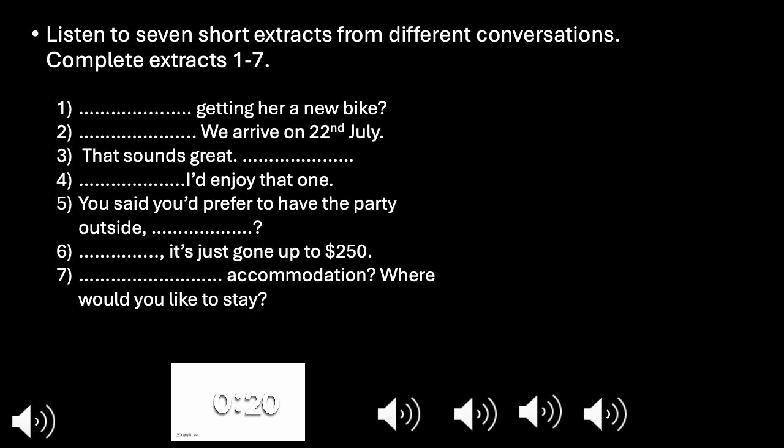Let's do that. 4, I don't think I'd enjoy that one. 5, You said you'd prefer to have the party outside, is that right? 6, Actually, it's just gone up to $250. 7, Now, what about accommodation? Where would you like to stay?